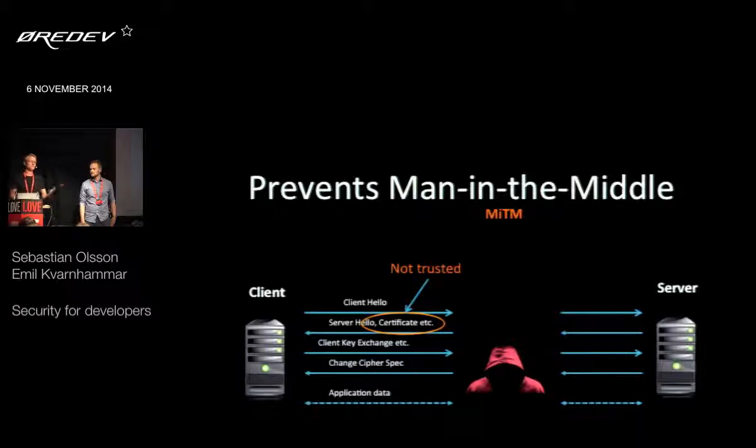Because if it's not, then a man-in-the-middle could just auto-generate a service certificate. It's really simple to do these types of attacks. Yeah, there's tools like MITM proxy, Burp Suite, a lot of tools that are really click and play for man-in-the-middle with new certificates.